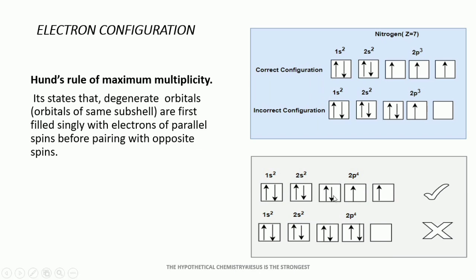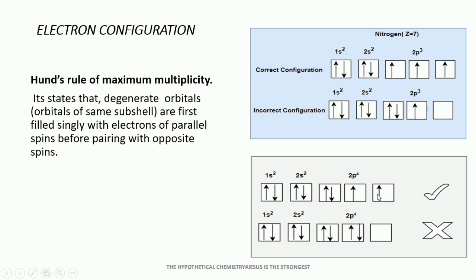So after giving each p orbital specifically one electron each spinning up, you then start pairing in the opposite direction. It was 8, no more electrons to add. So that is why the pairing ended on the first of the 2p orbitals specifically.